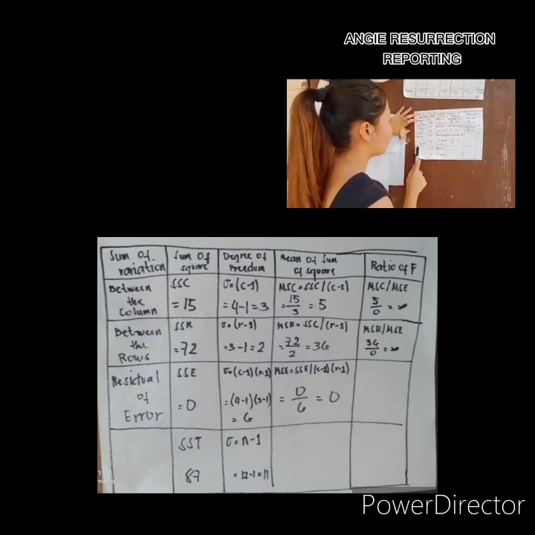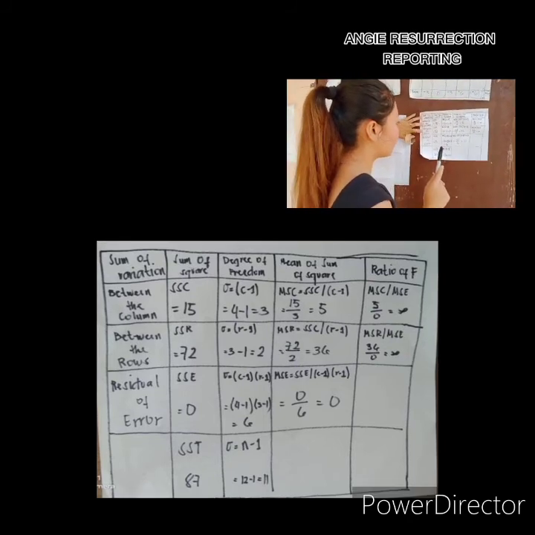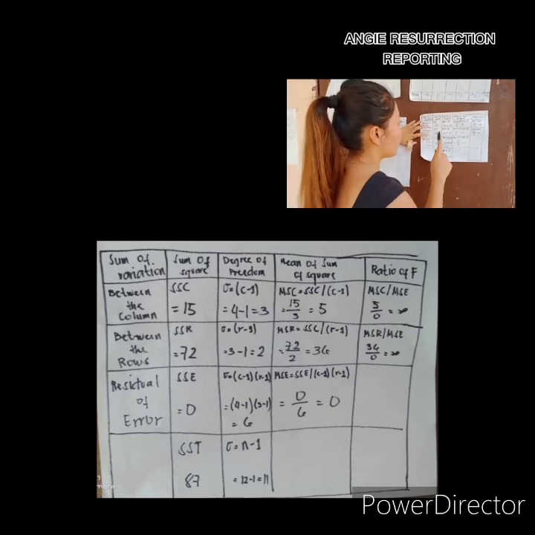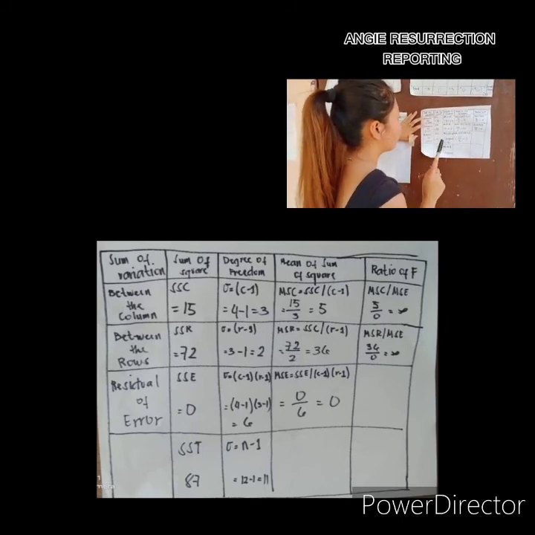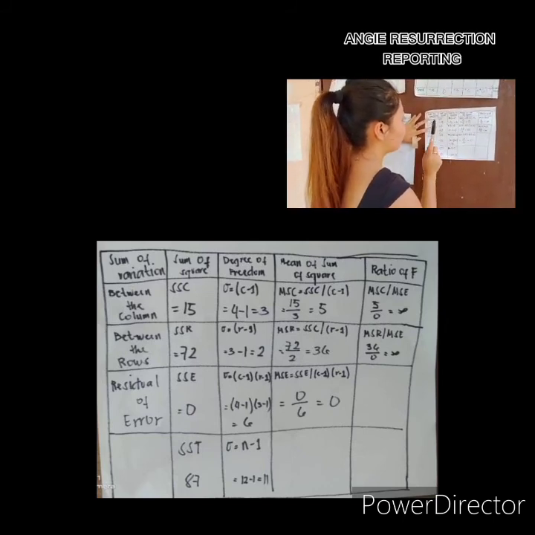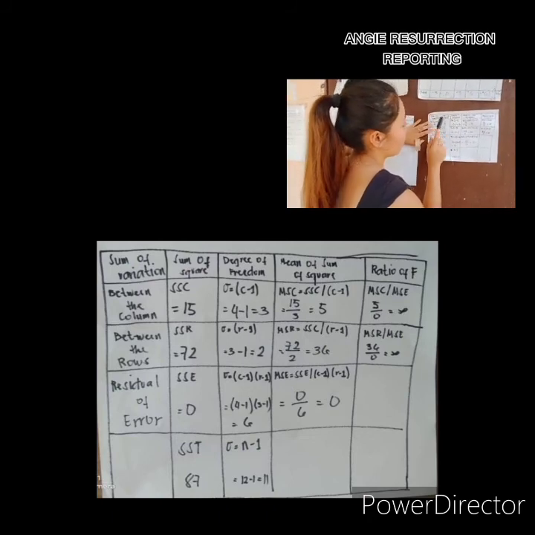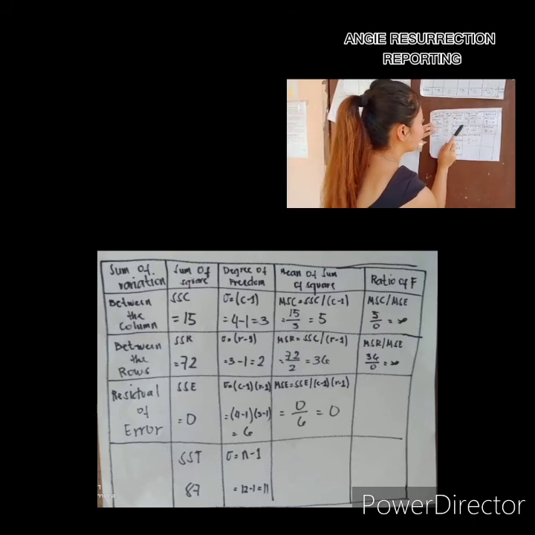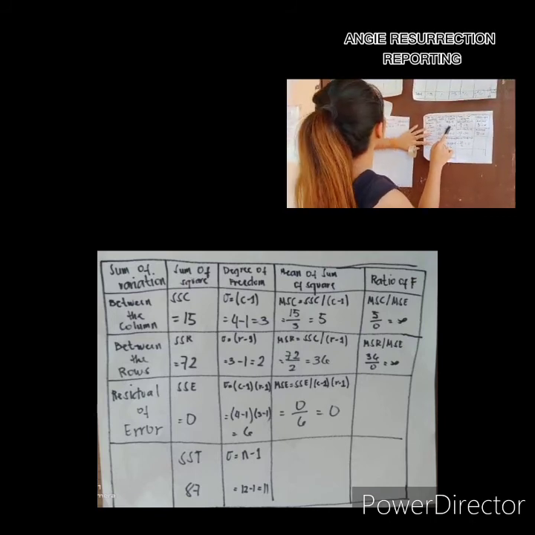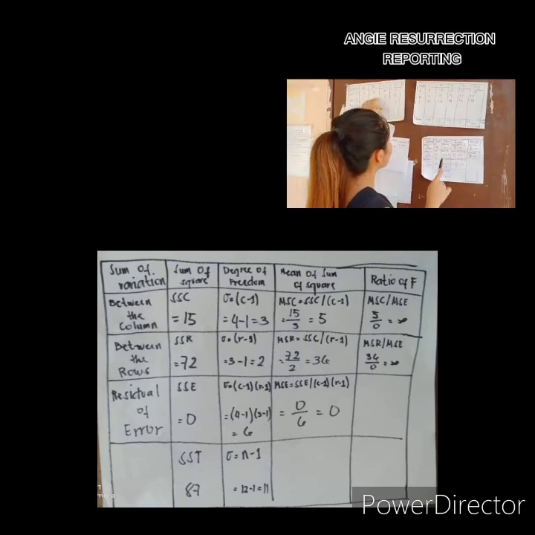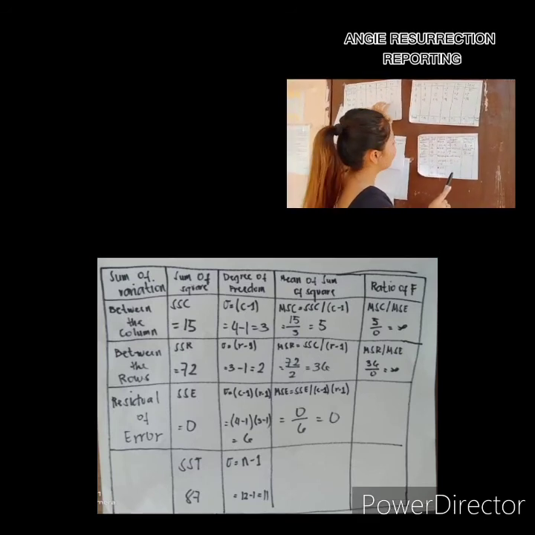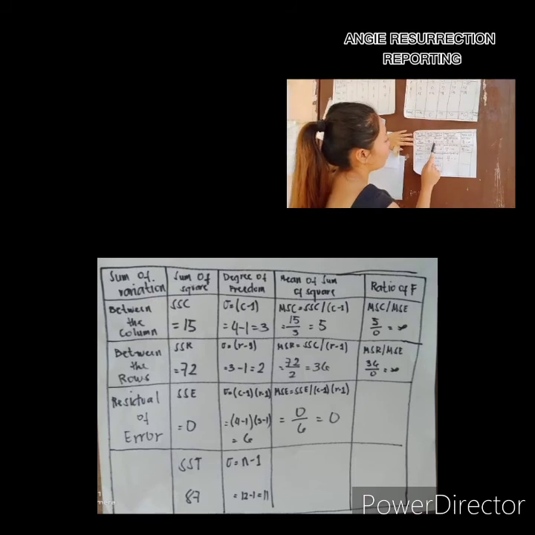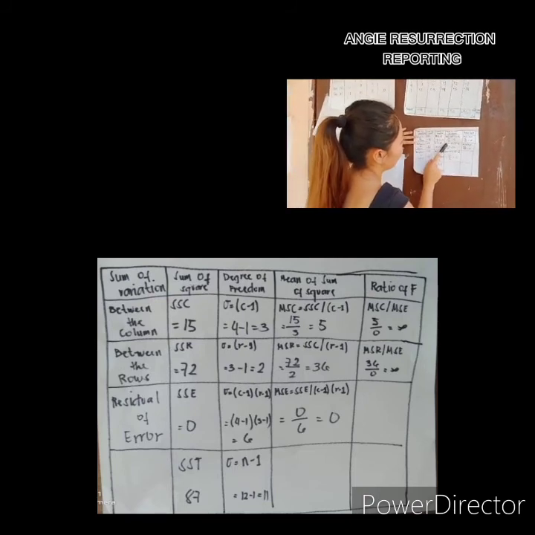This is the whole table of two-way ANOVA: sum of variation between the columns, between the rows, and residual of error. Sum of square between the columns, SSC, is 15. Degree of freedom nu 1 is equal to 4 minus 1, which is A, B, C, and D, so 4 minus 1 is equal to 3.